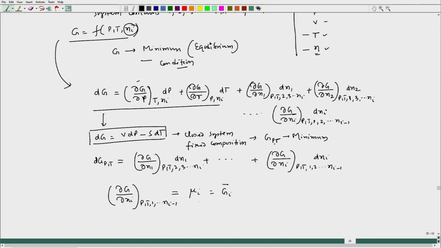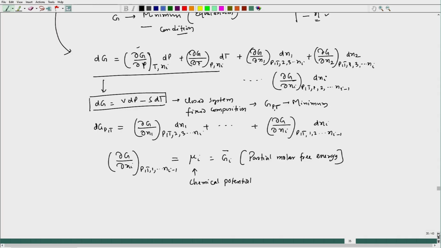So, this is basically chemical potential, defined as the partial molar free energy. Now I can write this as mu 1 dN1 plus mu 2 dN2 like this.